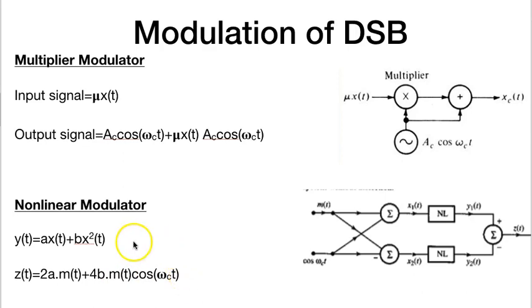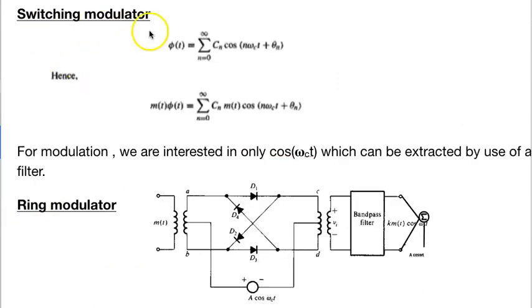Okay, that will become twice of the initial message signal, and it will be 4 times of the initial message signal with a multiplication of cos omega ct. Now there is a switching modulator and a ring modulator. Not much has been asked. You can just go through the diagram and see how it functions and the basic calculations.